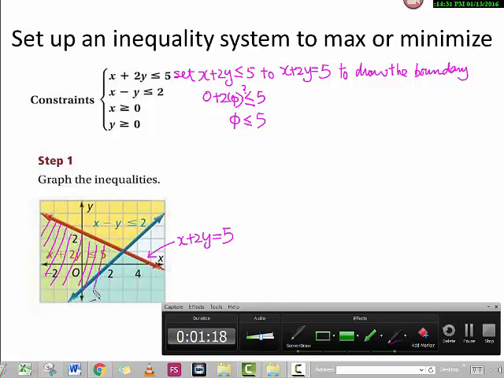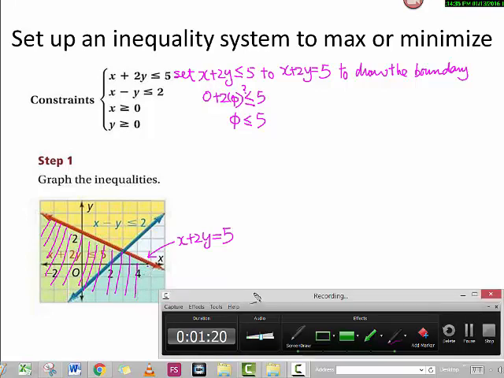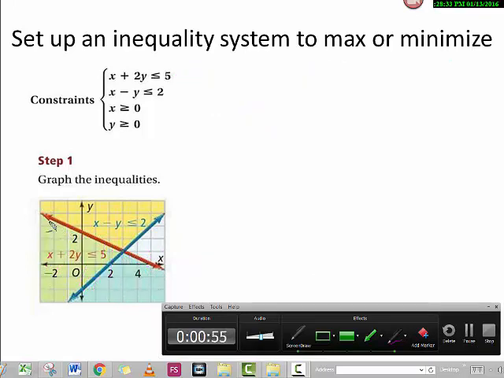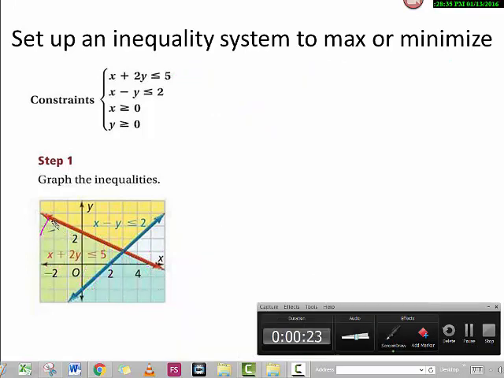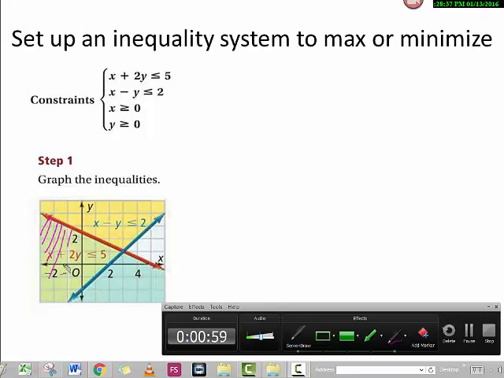This whole part represents x plus 2y less than or equal to 5.